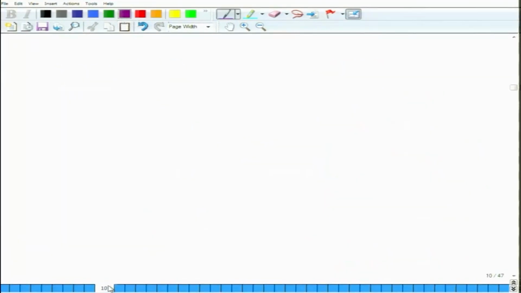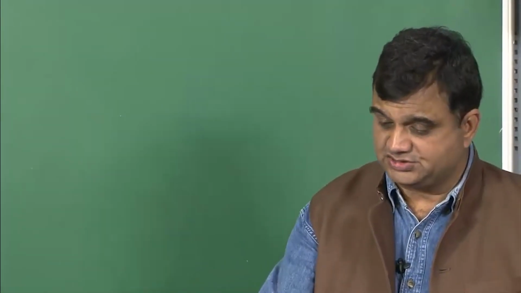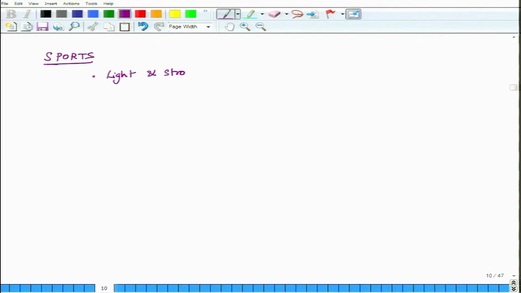Okay. Then we see that a lot of times composites are very frequently used in sports. Okay. And why do we use them in sports? Because they are light. For instance, a tennis racket, you do not want it to be very heavy, but you do want it to be strong, right. So, you want it to be light as well as strong.